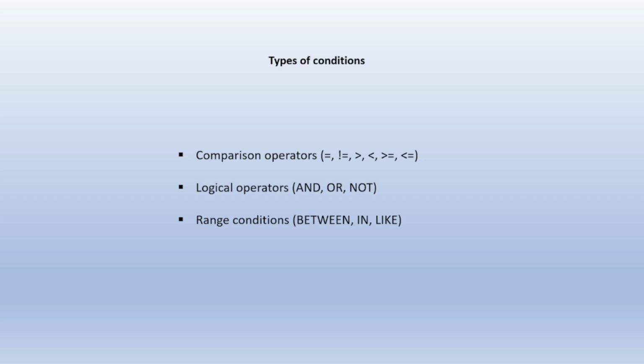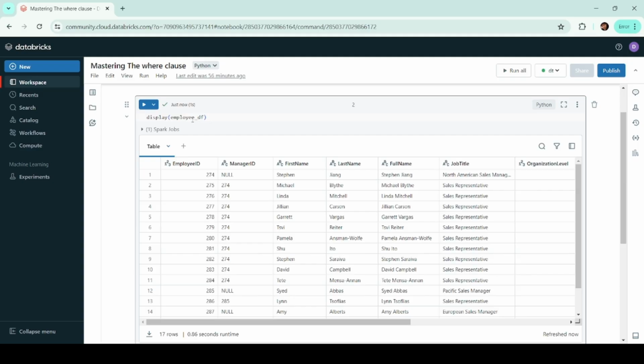Let's jump on some practical examples where we will see those syntax and these types of conditions. Here we have an employee data frame. Let's filter employee records to show only employee named Stephen using where clause.